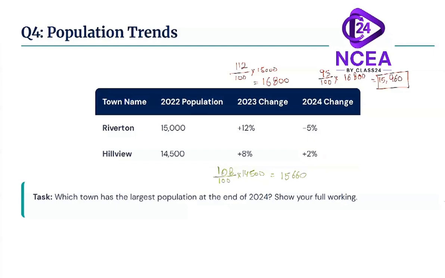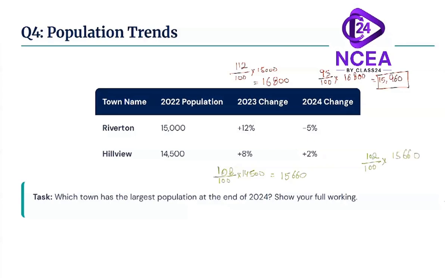Now there is again an increase of 2% over this population in 2024. So in 2024, the population will be 102% of 15,660.